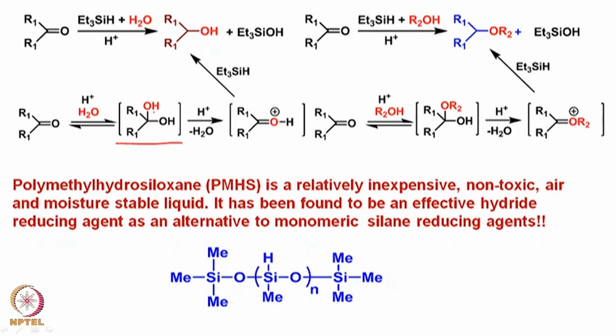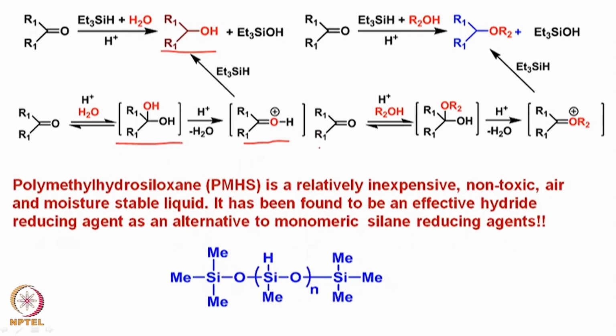Now if one of the two hydroxy groups, say for example this one, gets protonated, then what one could expect to get is an oxonium ion of this kind by the loss of water. Now this particular oxonium ion then can react with triethylsilane and get reduced to lead to the formation of this particular alcohol, and of course triethylsilanol will come out.